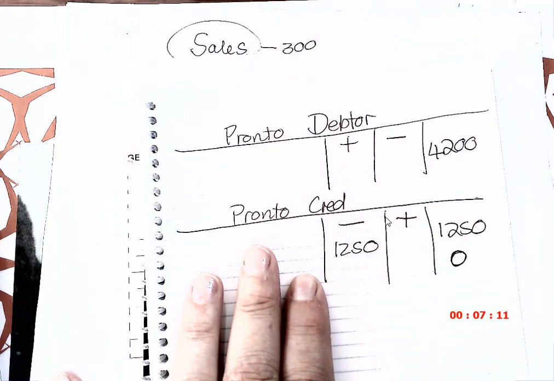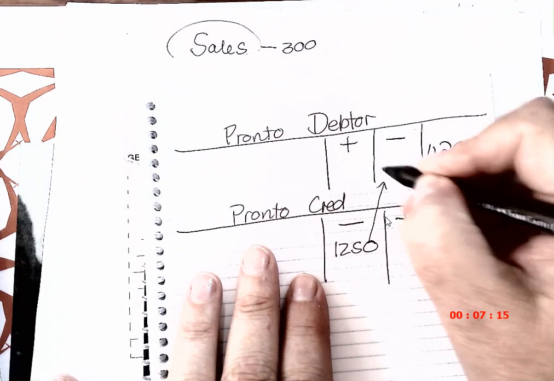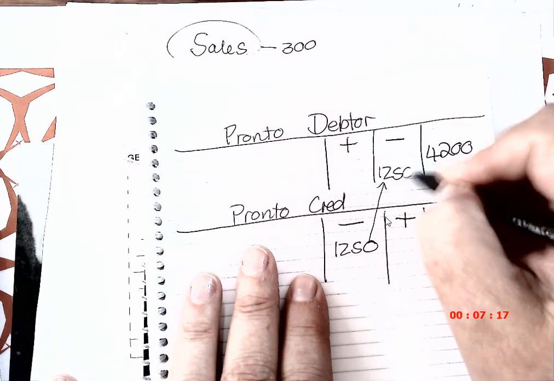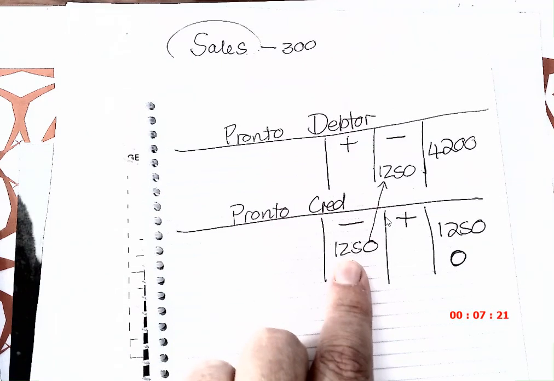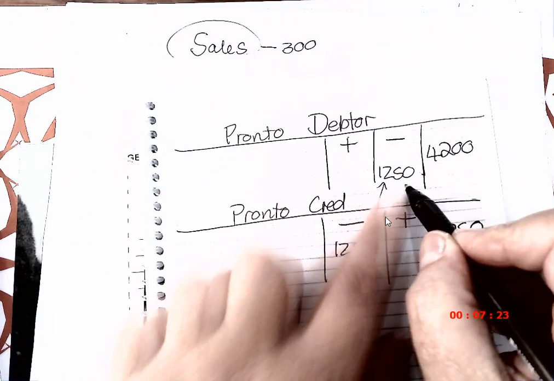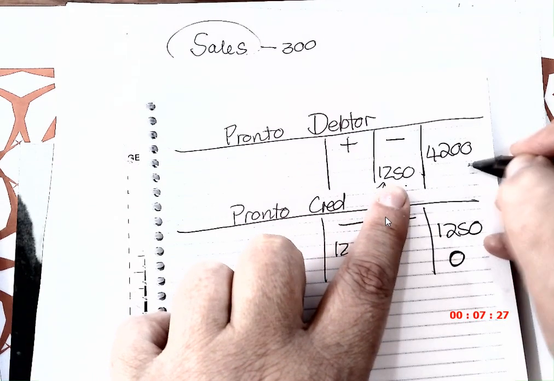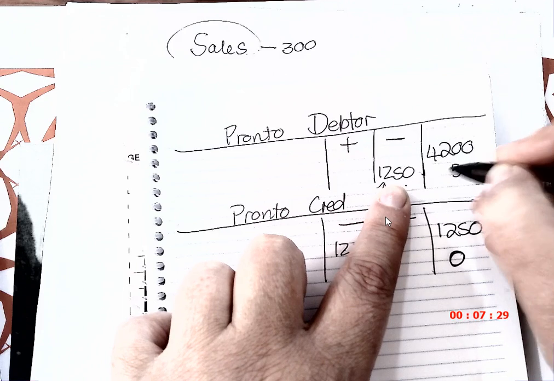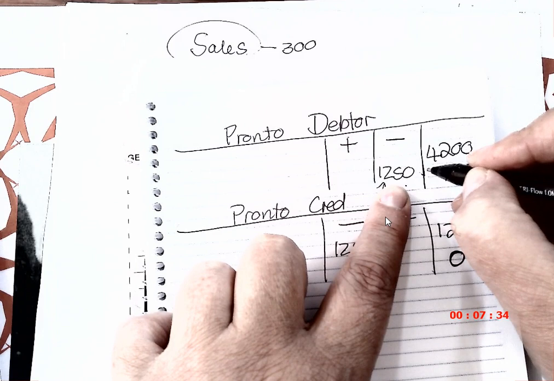And then what am I going to do? I'm going to take it here to his debtor's ledger. Can you see? What I owe him, I'm now going to subtract from what he owes me. So now he owes me, is it 3,950, 2,950?